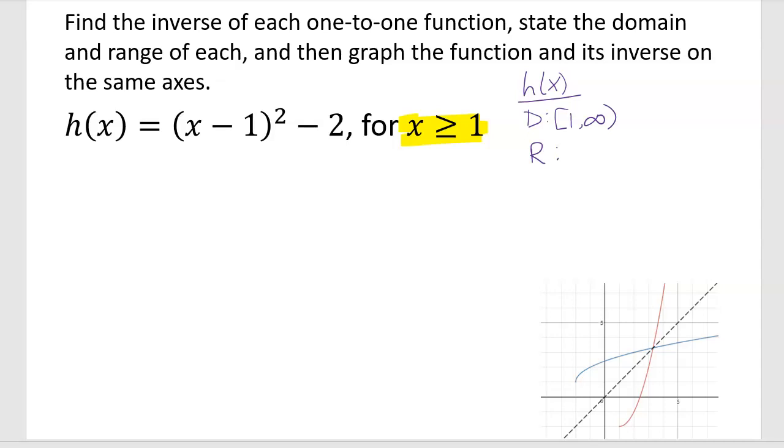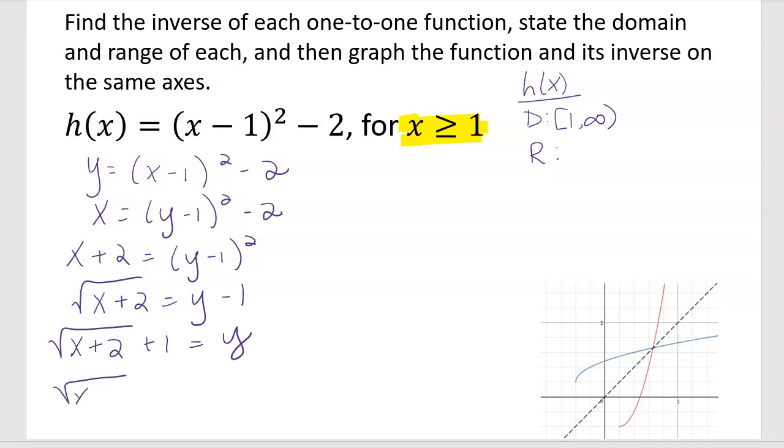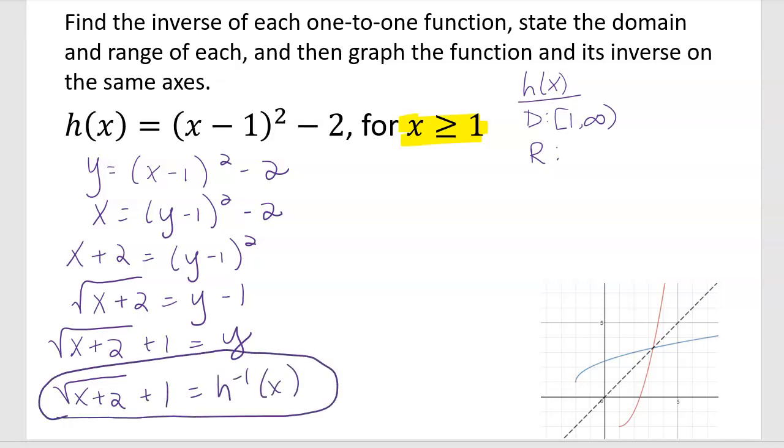So let's now go ahead and find the inverse function. And so this here is my inverse function of h of x.